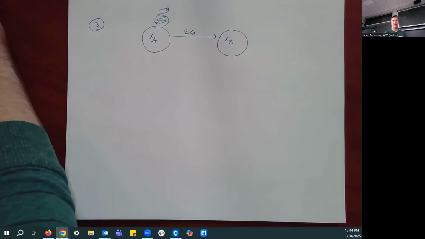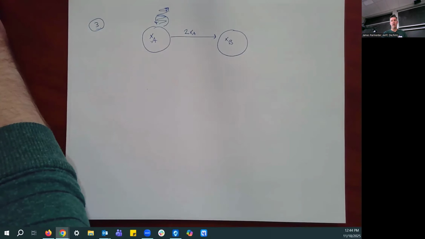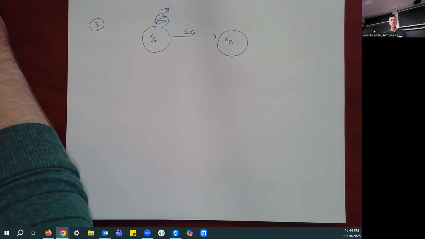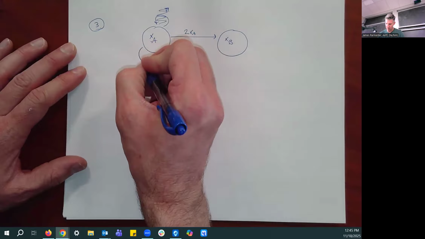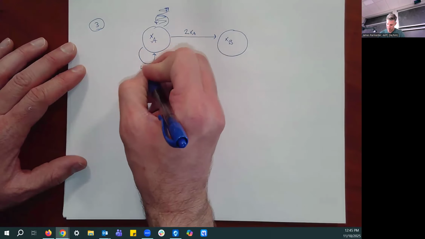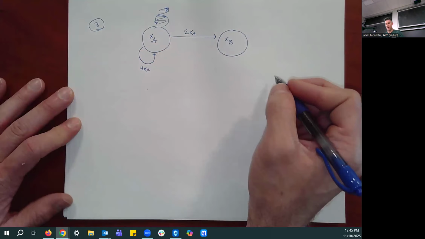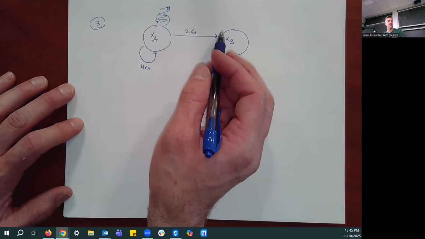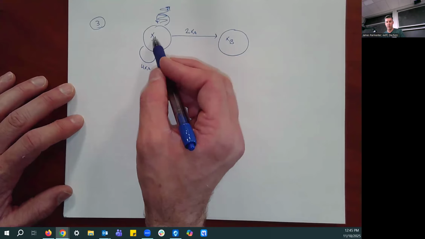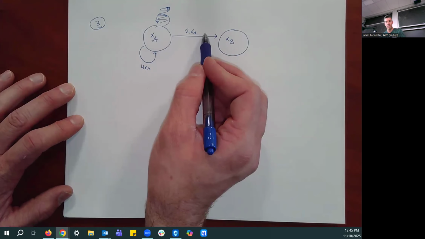So I'll remind you what we're saying here is that the bacteria in patch A are increasing in number at a rate of 4 per capita. So I guess I'm going to draw this even though I don't love it. And they're moving to patch B at a rate of 2 per capita.